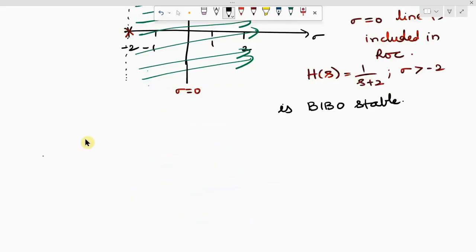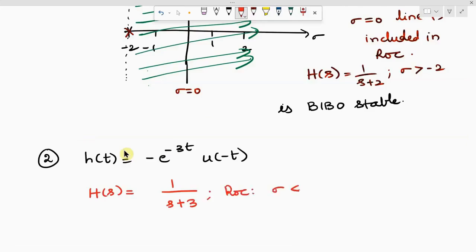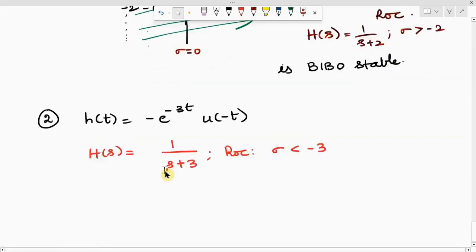Now I will give one more example. h of t equal to minus e power of minus 3t u of minus t. Now tell me, what is h of s in this case? 1 by s plus 3. And tell me what is the ROC? Sigma less than minus 3. Right.